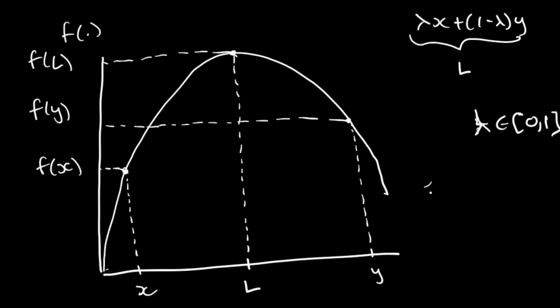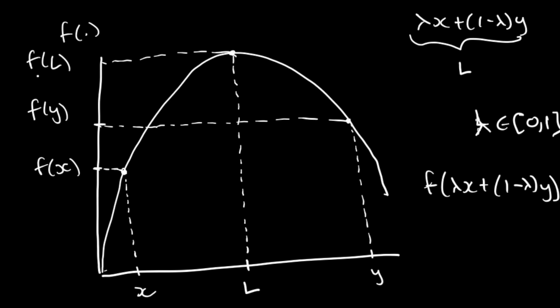I'll elaborate on that. We've taken a linear combination of 2 points on the x-axis and we've mapped them in the function. So this is what this is here. These two things are identical.